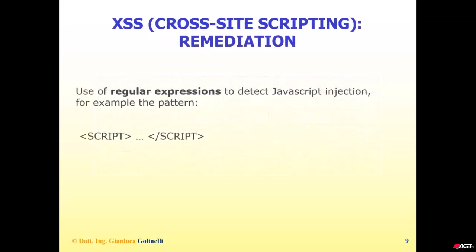Among the possible remedies for XSS is the use of a regular expression to search for the malicious pattern consisting of the script tag, used to enclose the malicious JavaScript code that an attacker could inject.